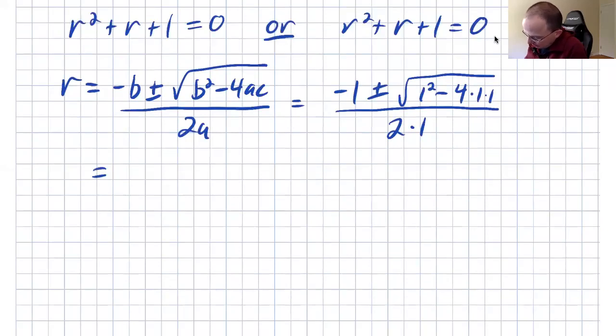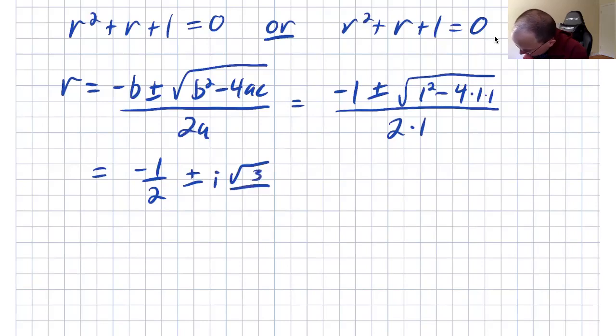So that'll be minus 1 over 2 plus or minus the square root of negative 3. So we'll get i times the square root of 3 over 2.